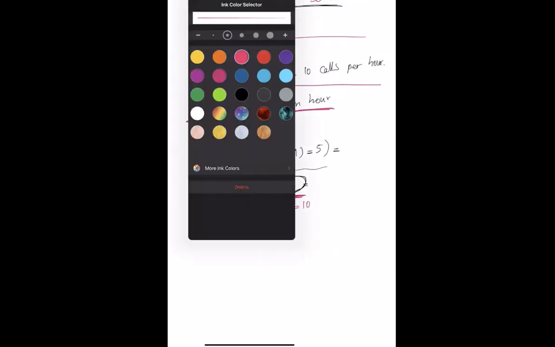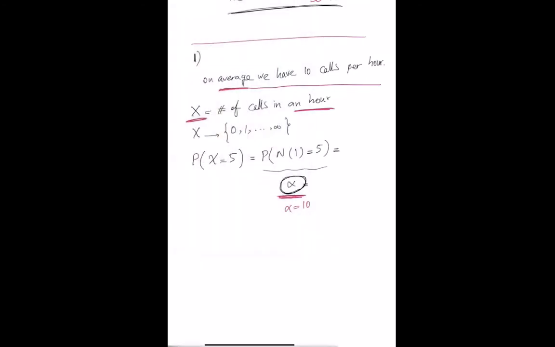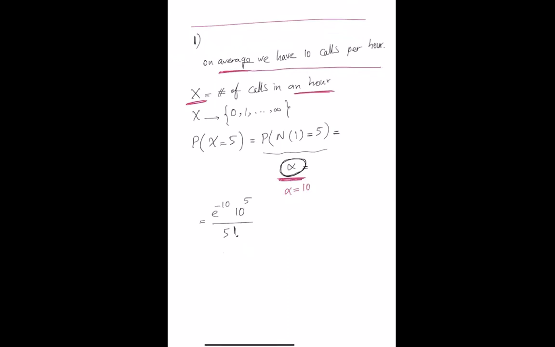So then to answer this question is all about e to the power of minus alpha, alpha to the power of 5 over 5 factorial. Okay, so then that becomes the answer to this question. What is the probability of receiving 5 calls in an hour? Then you need to solve this to find the answer.